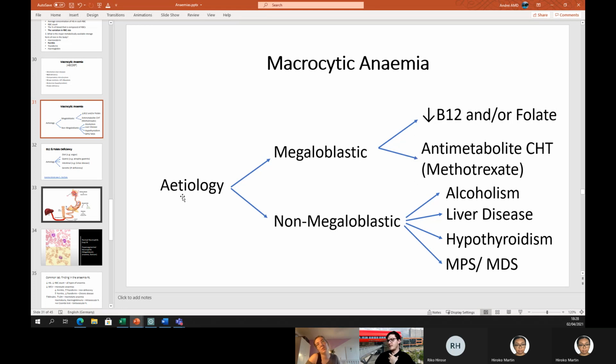And then non-megaloblastic could be a series of conditions that cause non-megaloblastic macrocytic anemia, namely alcoholism and liver disease. These go hand in hand. Then hypothyroidism as well. And then finally, myeloproliferative syndromes.